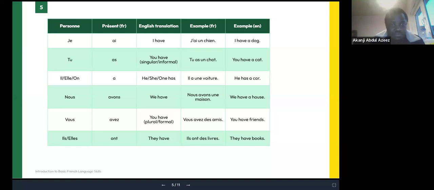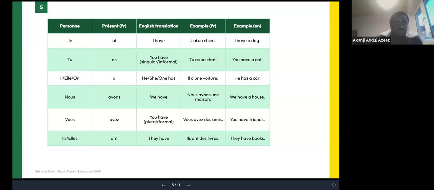I have a pen. J'ai la monnaie. I have change, in the market. And j'ai un chien. So in essence, just look for the right noun and put it after j'ai. When you say un, just remember that we mean one. So j'ai un chien, it's one dog, a dog.